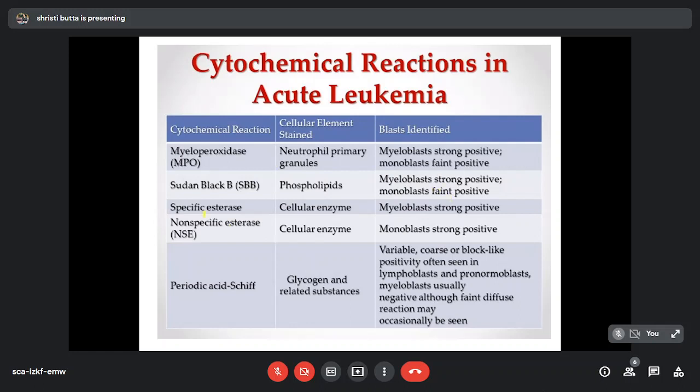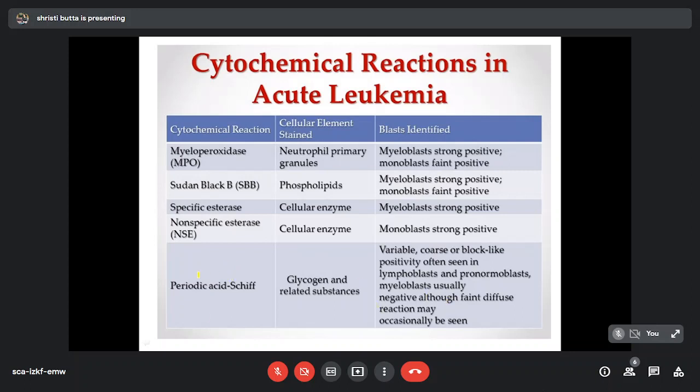Specific esterase, or CAE for that matter, stains the myeloblast very strongly, whereas the non-specific esterase, or the NSE, stains the monoblasts very strongly. PAS, that is the periodic acid Schiff, gives a block positivity for lymphoblasts. Pronormoblasts and myeloblasts are usually negative for PAS.